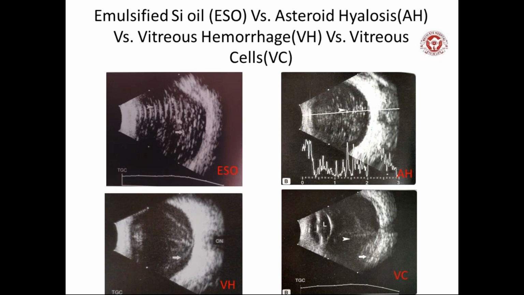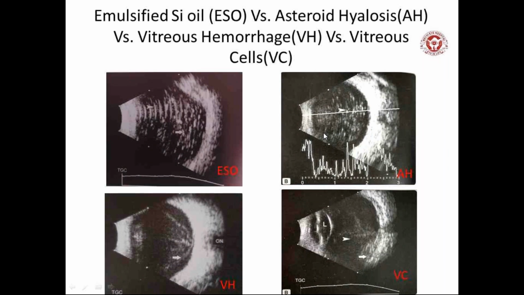But in case of steroid hyalosis, there is an echo-free space. You can see here there is an echo-free space just in front of the retina. But in silicon oil, we can see highly reflective echoes spread everywhere.